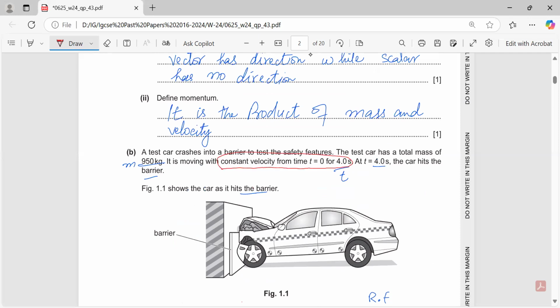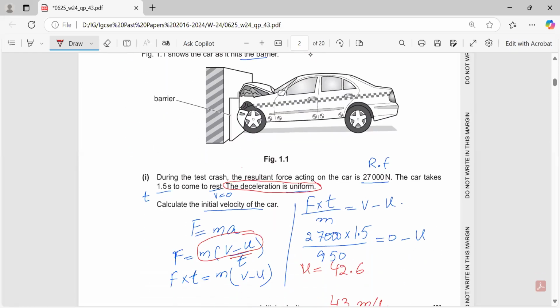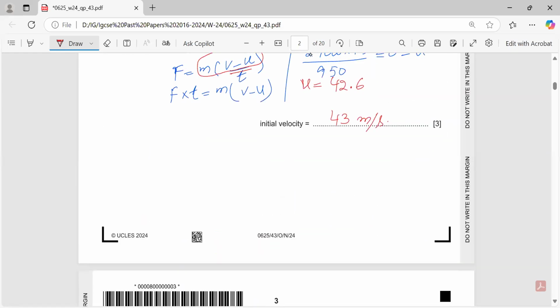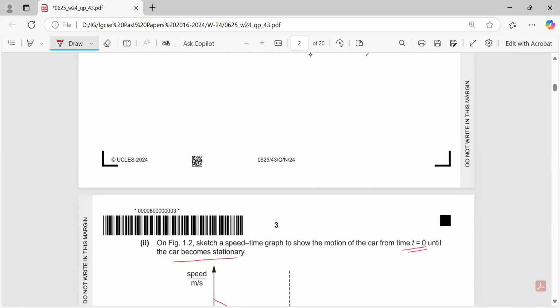At 4 seconds the car hits the barrier, and then it takes a further 1.5 seconds to come to rest. So when it comes to rest, it is decelerating uniformly.